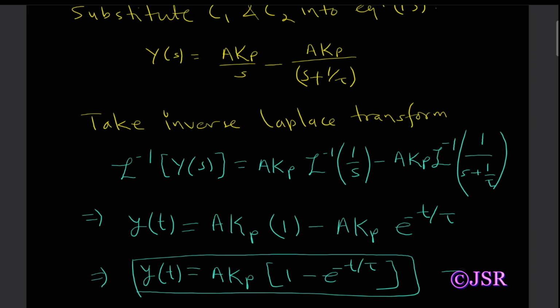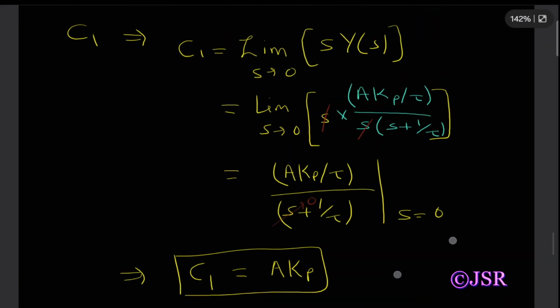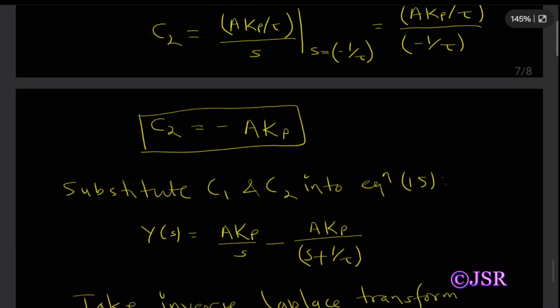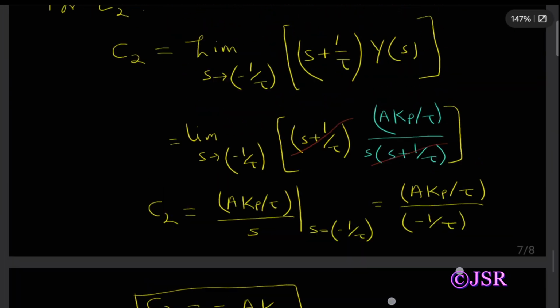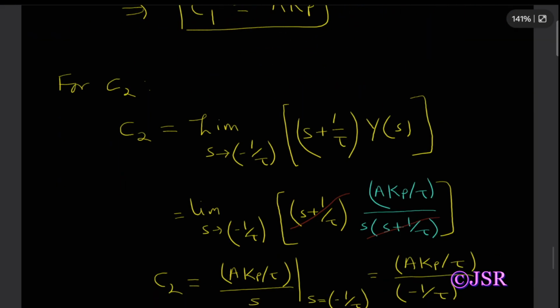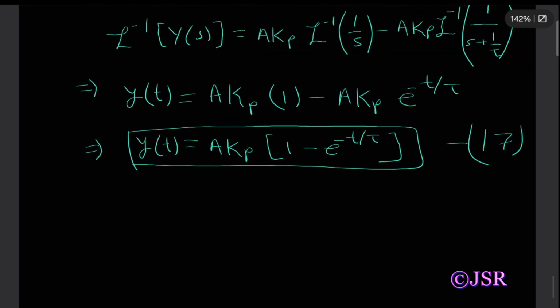So for a step input of magnitude a, we will have the response as small y of t equal to a times kp in bracket 1 minus e to the power minus t upon tau, and this will be equation number 16. So equation number 16 will represent the response of step input.